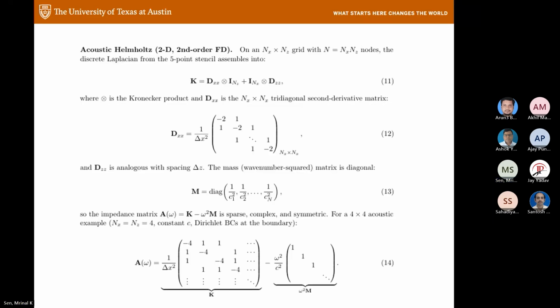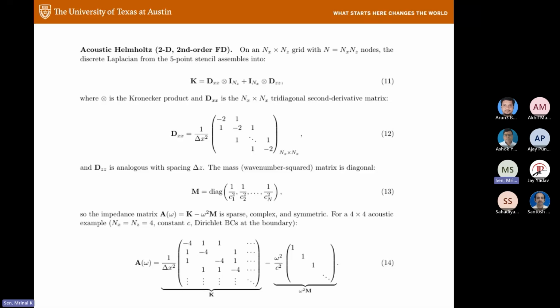So now if you look at the acoustic Helmholtz equation, which is our frequency domain stuff, there was a lot of discussion on frequency domain full waveform inversion, and initially that is what many people used for applications to real data. Unfortunately, in 3D, it becomes very compute intensive.